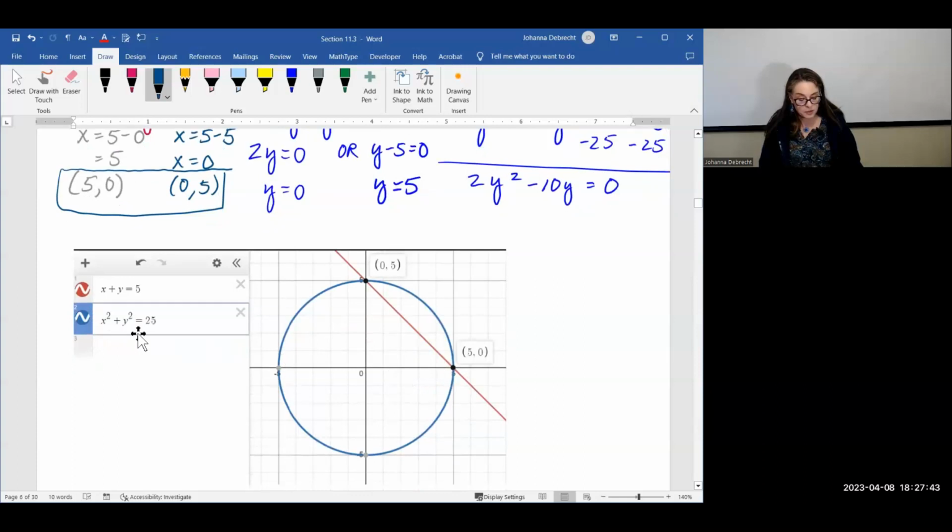We have x squared plus y squared equal 25, which is the equation of the circle of radius 5 centered at the origin, and x plus y equal 5, which is the line y equal negative x plus 5, crossing the y-axis at 5 with slope negative 1. And you can see that they do cross at those 2 points.